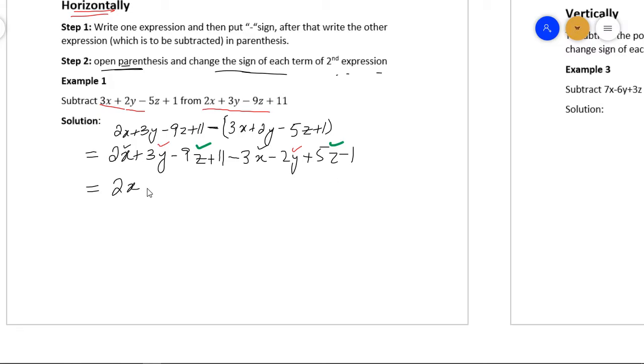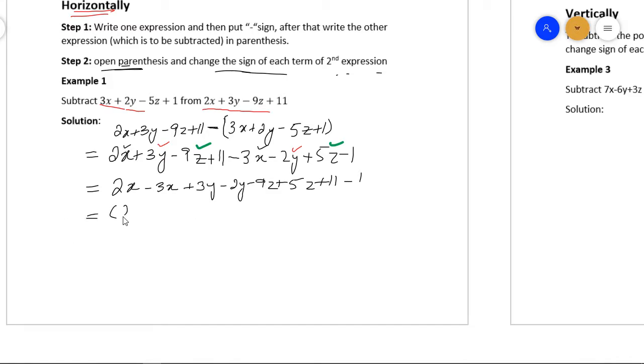So let's do it. 2x minus 3x plus 3y minus 2y minus 9z plus 5z plus 11 minus 1.